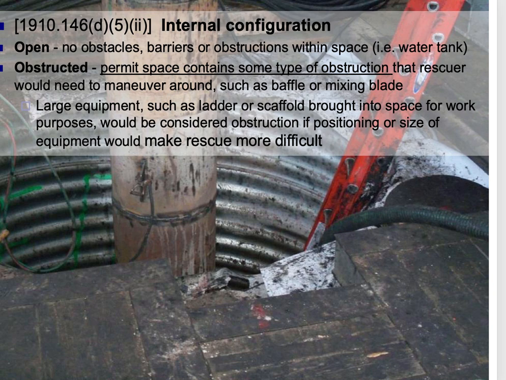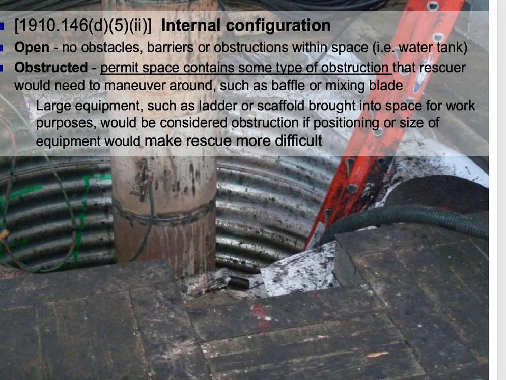So the internal configuration, open means there's no obstacles, barriers, or obstructions inside of a confined space. And obstructed makes it a permit required confined space, and there's something which you would have to maneuver around, such as a baffle or a large mixing blade. Large equipment such as ladders or scaffolding or even lamps brought into a confined space may take it from an unpermitted confined space into a permitted confined space.